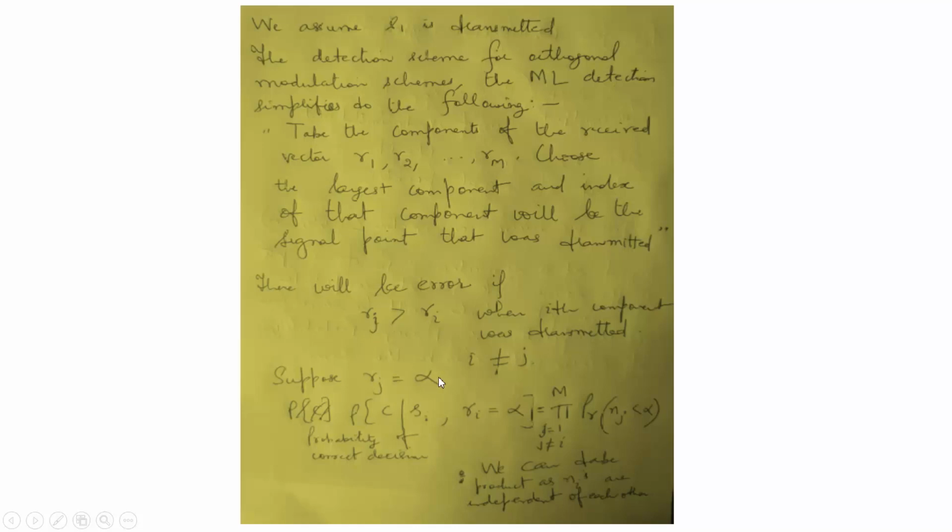Suppose Rj equal to alpha. So what is the probability of correct decision? The probability of correct decision will be the probability of correct decision given Si was transmitted.